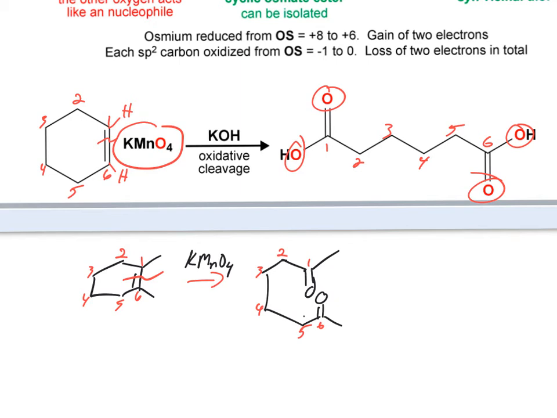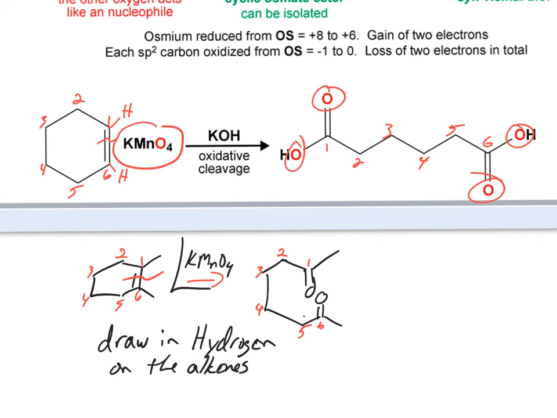So that's why it's always important to draw in hydrogen on the alkenes. It'll tell you a lot. It makes you keep track of things as well. So in this case with KMnO4, this is the reagent to remember. You cut an alkene in half. You turn it for sure into a carbonyl, C double bond O. And if it has H's, you put an OH there. If it doesn't have H's, you make ketones.